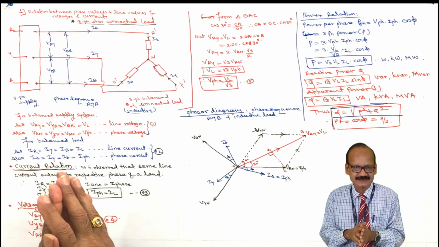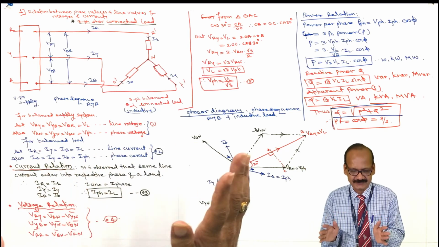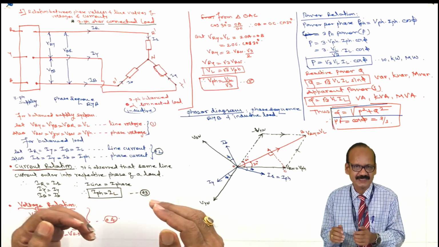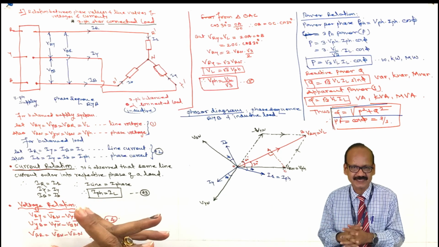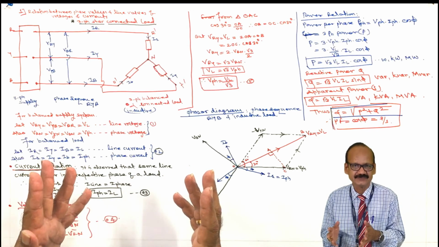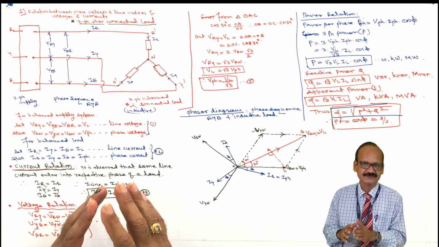The current relation is IPH equal to IL as it is, and it is very easy to observe. Then Phi PH equal to PL upon root 3 and the active power P equal to root 3 VL IL cos phi. Similarly, the reactive power root 3 VL IL sin phi, and the apparent power is root 3 VL IL. In this way, we will finish here. We stop.